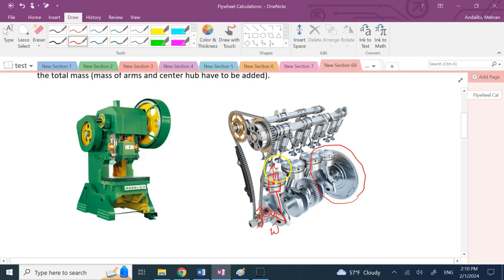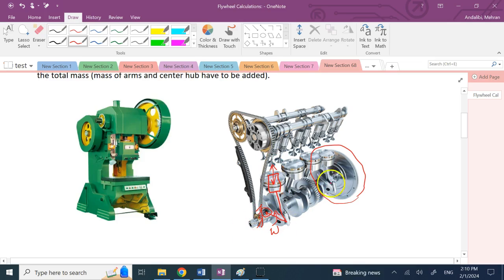It's not constant. Even if this piston goes up and down at a constant velocity, the output omega is not constant. Now, in reality, it's not even going up and down at constant speed, because when the explosion happens, it is going to go down much faster and with acceleration. So the omega of the crankshaft does change.